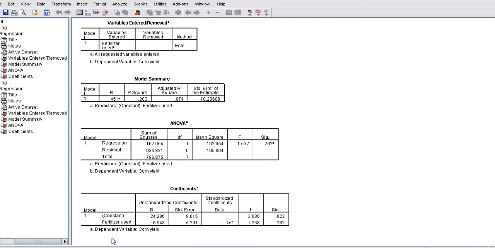Y is equal to 24.286 plus 6.548x. X is replaced by 3. Then we will calculate the corn yield. That is, y is equal to 24.286 plus 6.548 into 3.